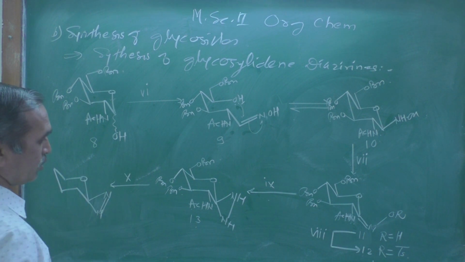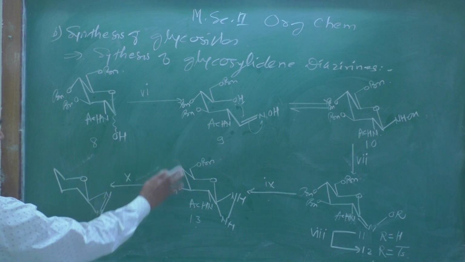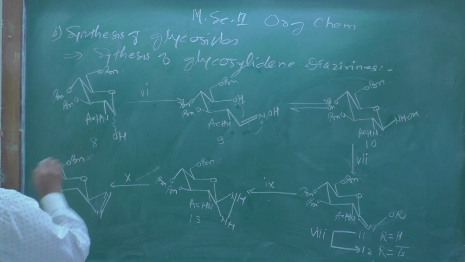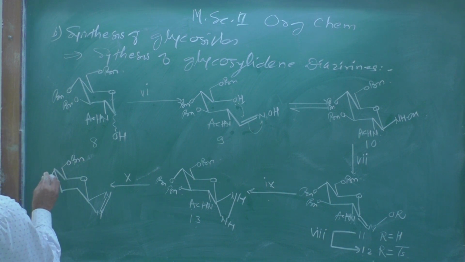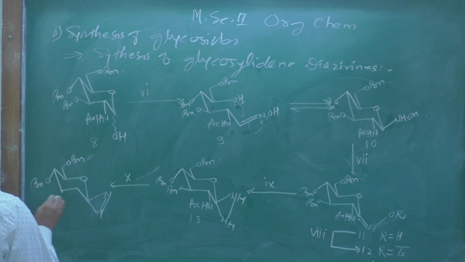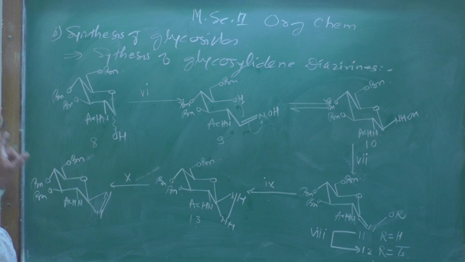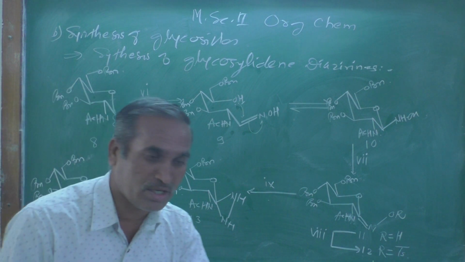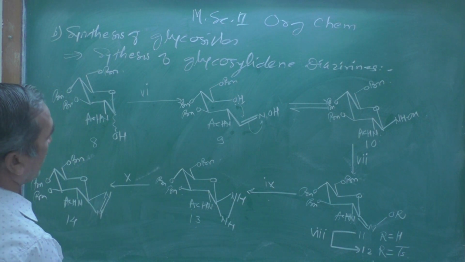This is the noticeable part you should notice over here, and the rest of the groups you can write down as they are. They were present at the equatorial position, so you write it as it is, NH, acetyl group over there, and this is structure number 14, which is called a glycosylidene diaziridine derivative.